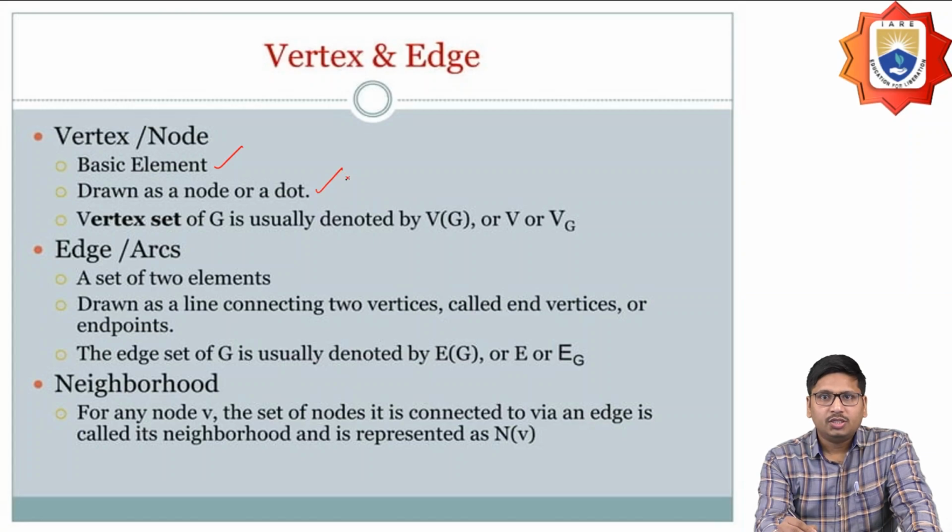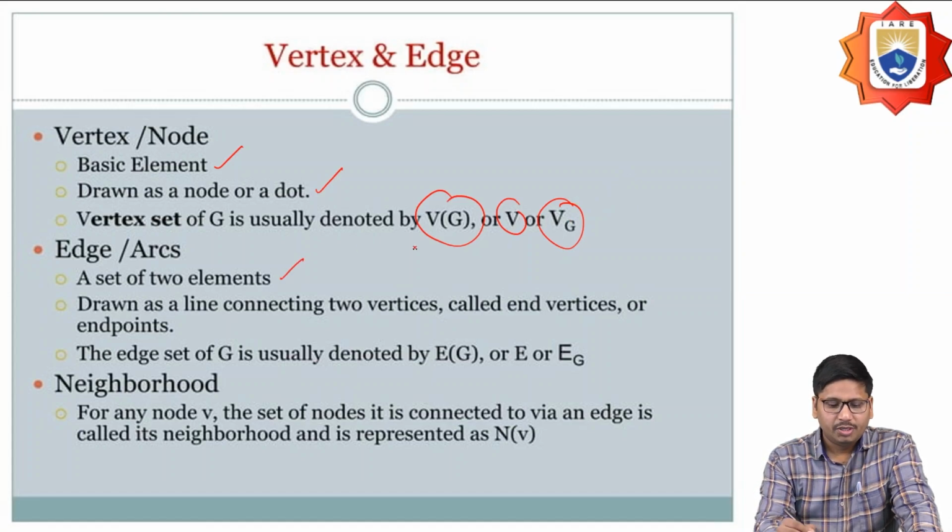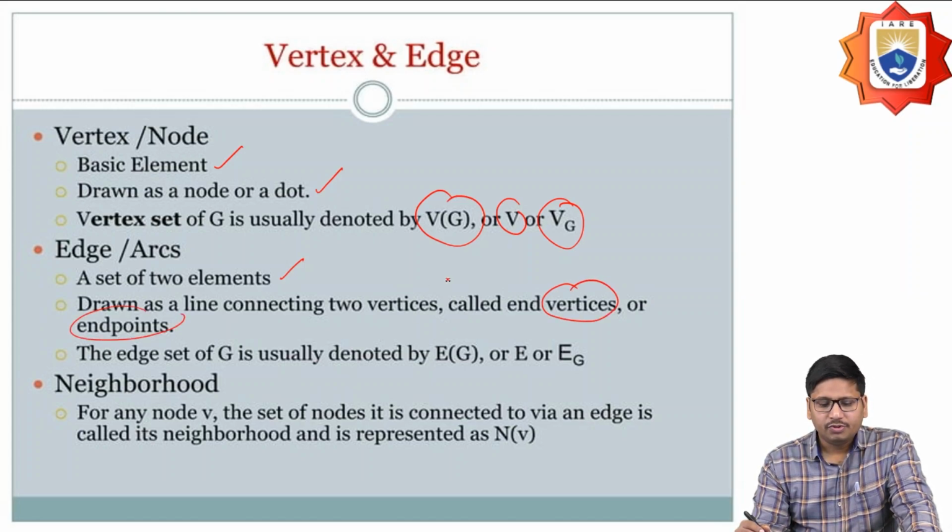The vertex set is usually denoted by V of G or V. The edge, also called an arc, is a set of 2 elements, drawn as a line connecting 2 vertices called endpoints. The edge set of a graph is denoted by E of G, or E suffix G. And a neighborhood or adjacency means the nodes connected by means of an edge.